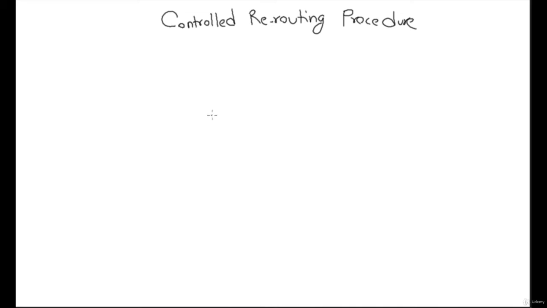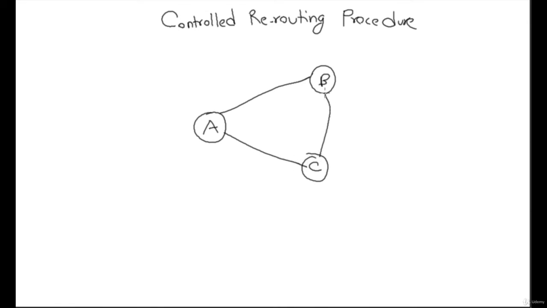It is exactly the reverse of it. So let's suppose there are three point codes A, B, and C, and the traffic between A and B has been going via A, C, and B, because the direct link was unavailable.